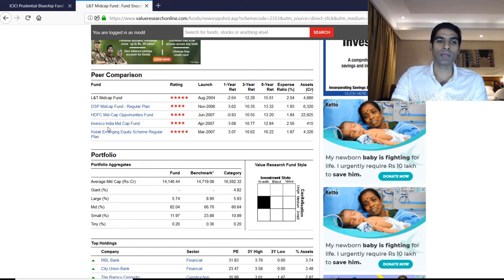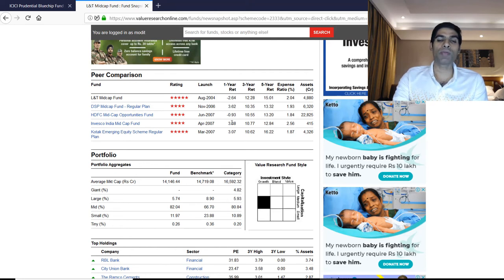Now if you look at Invesco, the expense here is 2.56%. So every year this is the expense that you pay, and it has not been an outperformer. See, 3 years return is 10%, 5 years return has been 12%. So in a way it has been performing almost at par, but it has not been an outperformer, but its expense ratio is on a higher side, right?